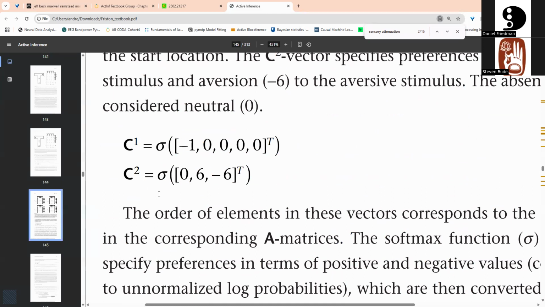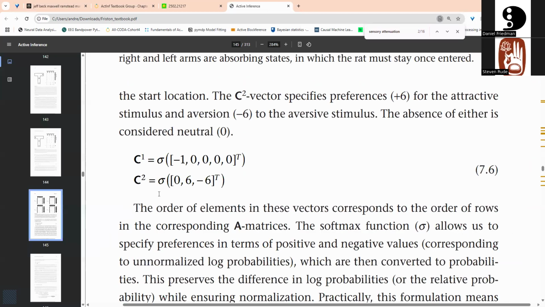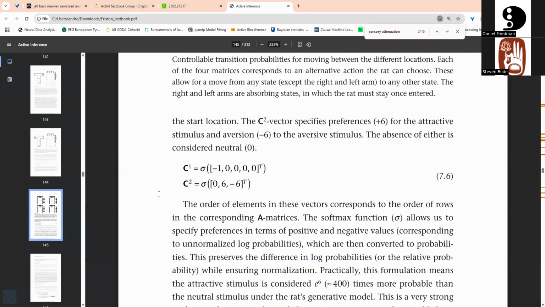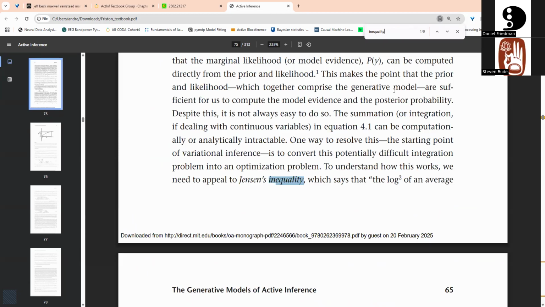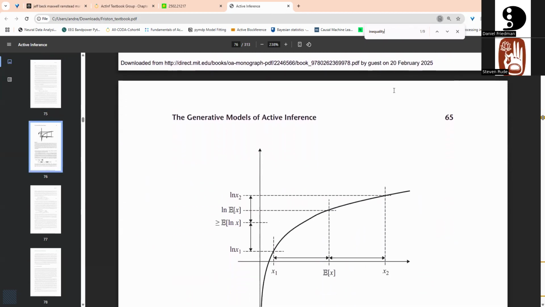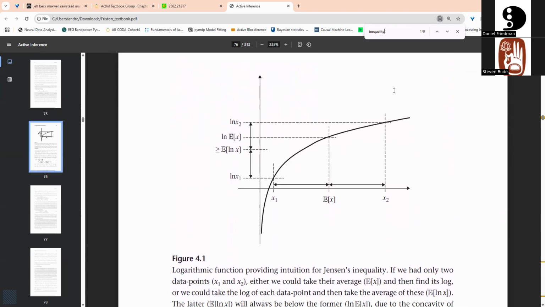Logs allow properties like the log of AB is the log of A plus the log of B. So if you have two independent probabilities, you can separate them. Those are basic log properties. Also for computation, when you're dealing with low probabilities, it's easier to store a negative log as a large number, like 1 billion, rather than a tiny number.